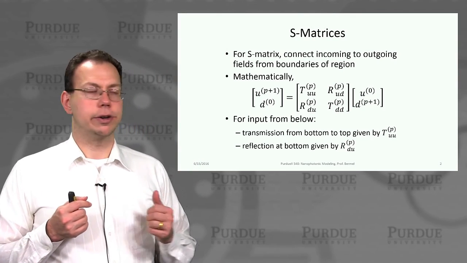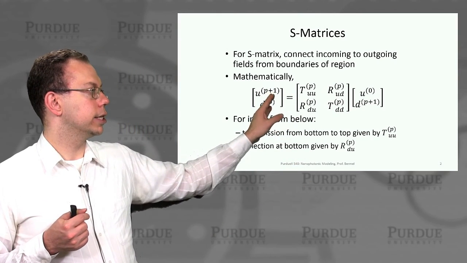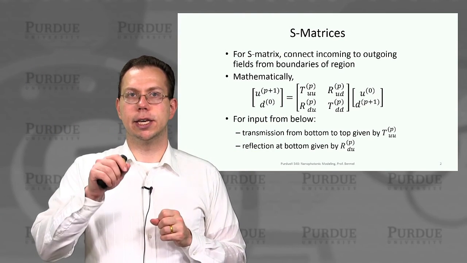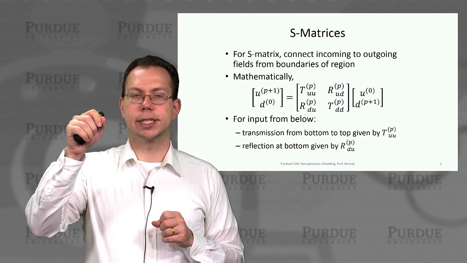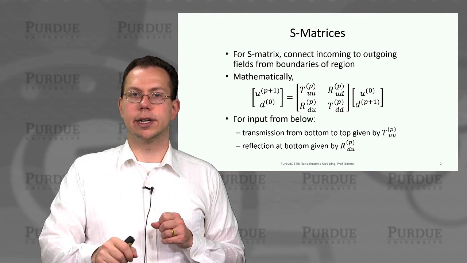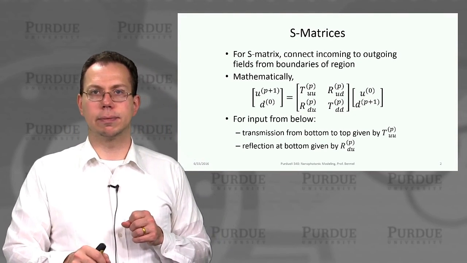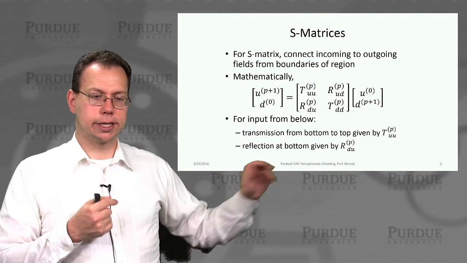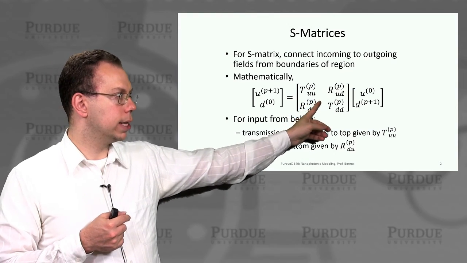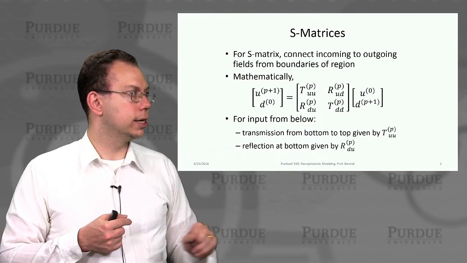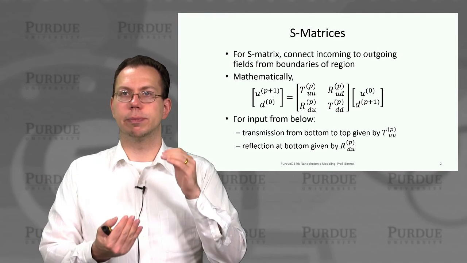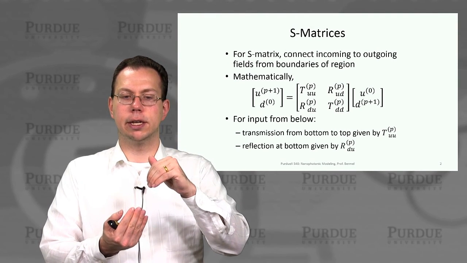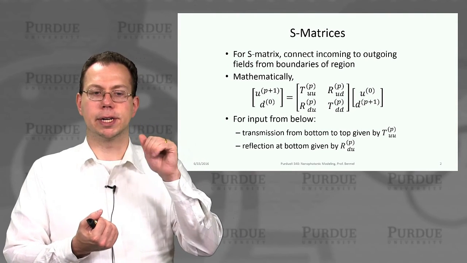And so mathematically, we write it in this form. And so you can see it looks kind of like a hybrid representation. So we have the up components at the top of the stack, u p plus 1, and the down component from the bottom of the stack, d0, depends on the S matrix, which is actually written in this hybrid form, TRRT, times the incoming elements u naught, so incoming from the bottom, and then dp plus 1 incoming from the top.